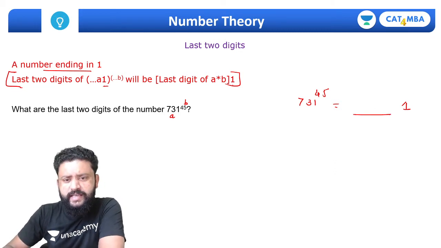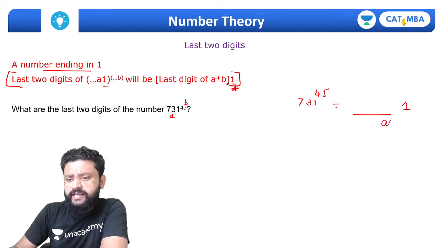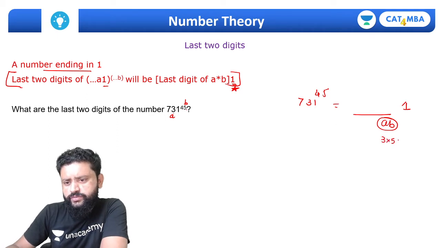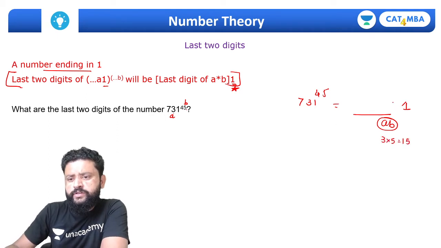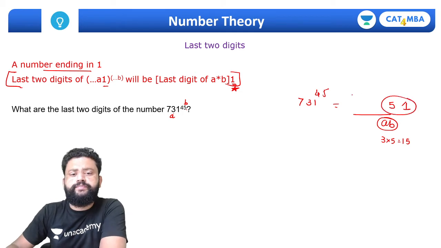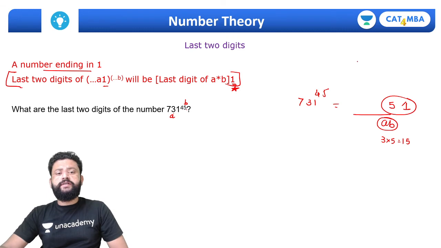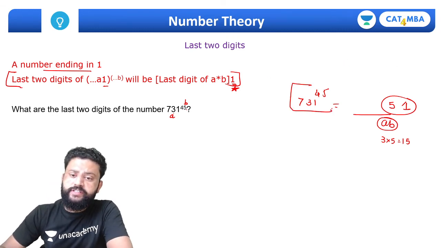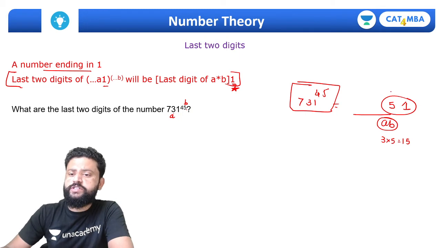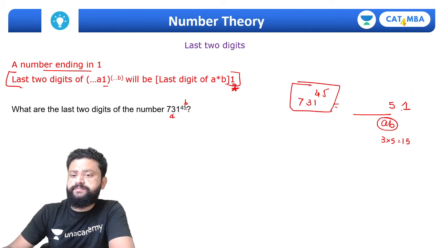Last 2 digits में ये last में तो 1 आ गया, clear. ये second last digit आता है A into B पे. So A into B कितना हो रहा है यहाँ पे? 3 into 5. 3 into 5 is 15, तो यहाँ पे लिख दो 5. So this is how we get the last digit or last 2 digits of this calculation. 731 to the power 45, last 2 digits will be 51.